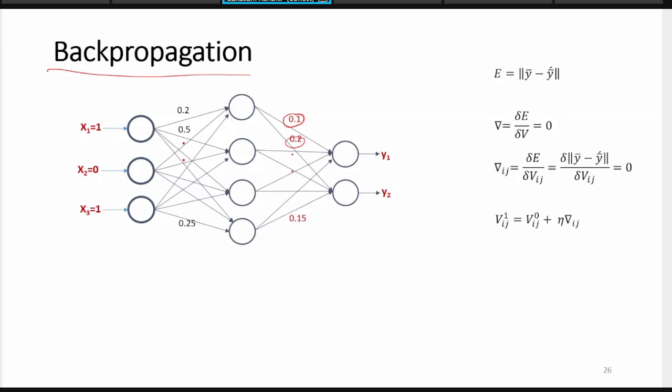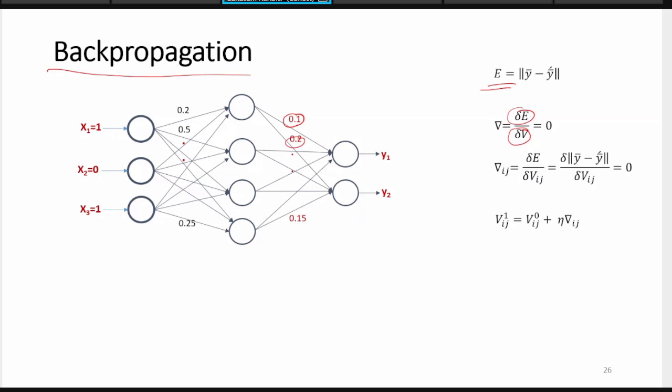As you know, in optimization, given a loss function, which is E in this case, I need to take the partial derivative of the loss function with respect to the parameter that I want to optimize, and assign it to 0. This is exactly what we need to do here.